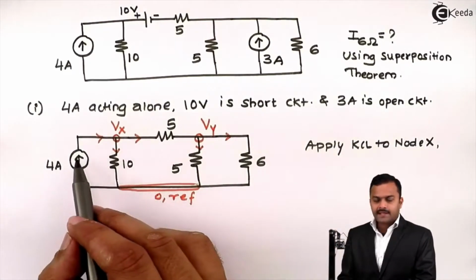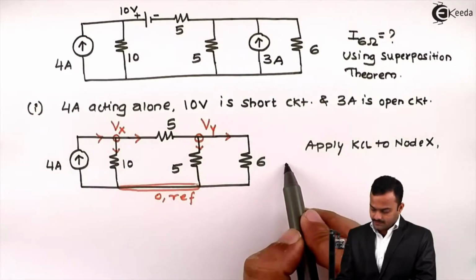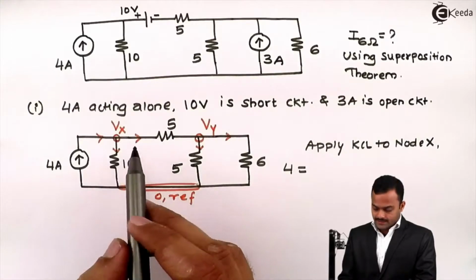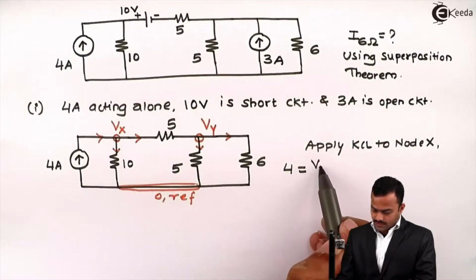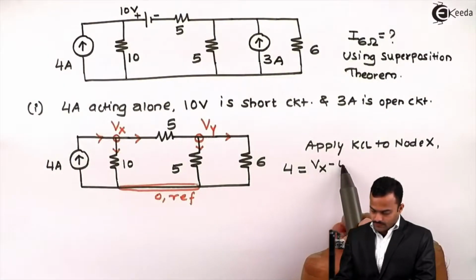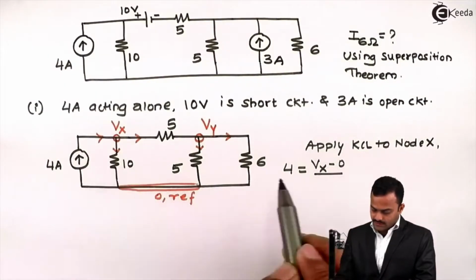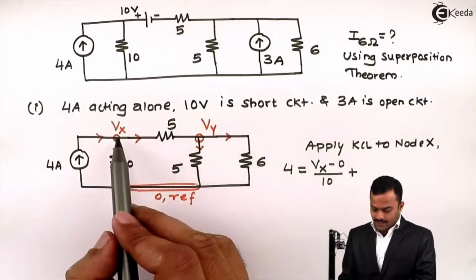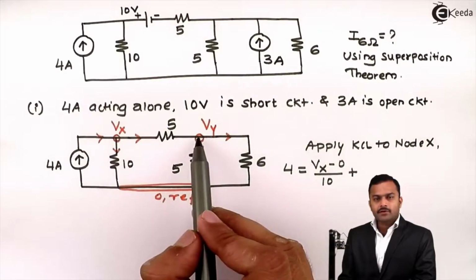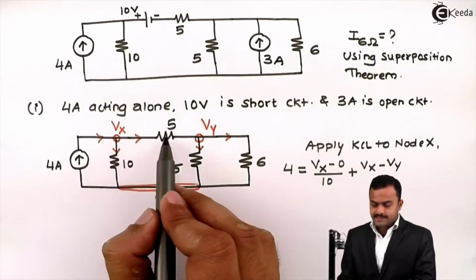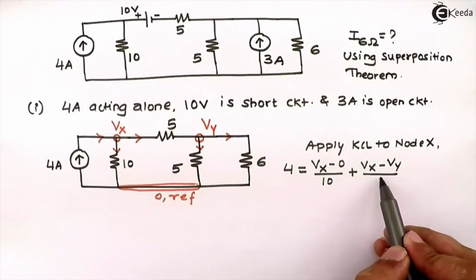At X, I am considering 4 ampere is the incoming current, so that is equal to outgoing currents. First outgoing current is starting with an X point and ending on a reference, so (Vx minus 0)/10. Second current starting at X, ending on Y, and resistance is 5.